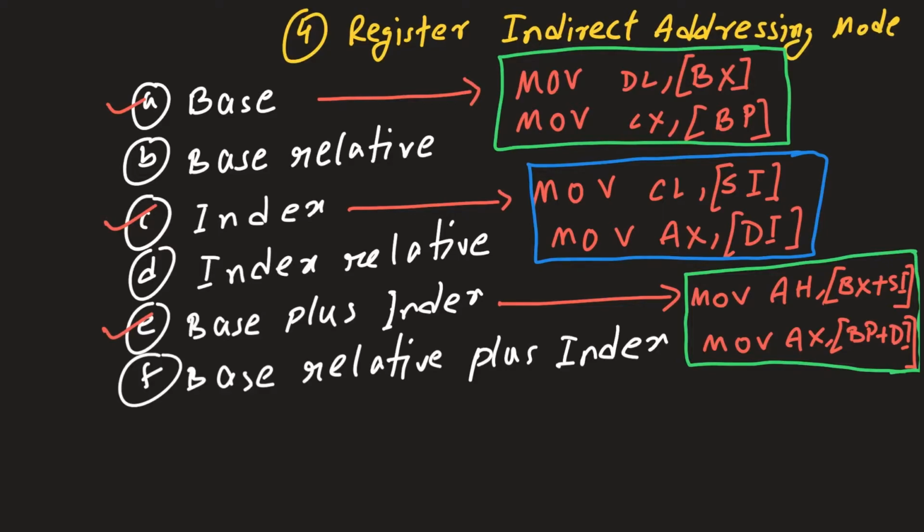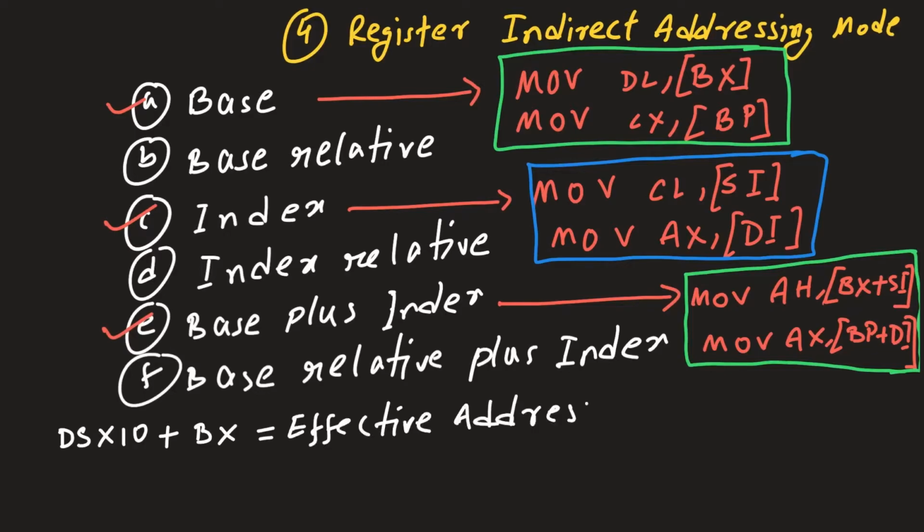For the instruction MOV DL, [BX], let's see what happens. The content of BX will be added with the content of data segment multiplied by 10. So this will be the effective address of the data.